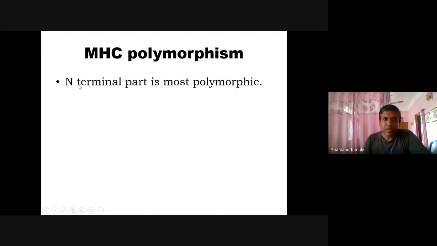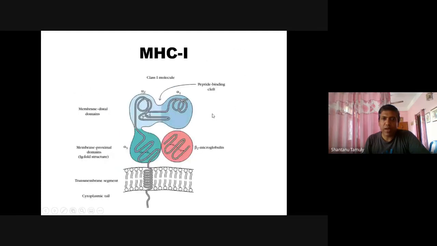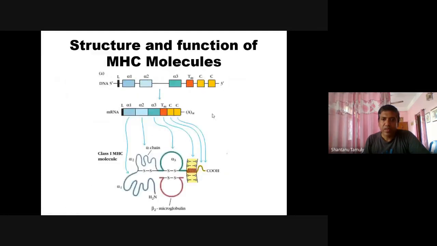Now, this statement says the N terminal part is most polymorphic. So if we just look back at this structure, this is the MHC class 1. This is the C terminal domain that is present inside the cytoplasm, and then it goes like this, and this is the N terminal domain.